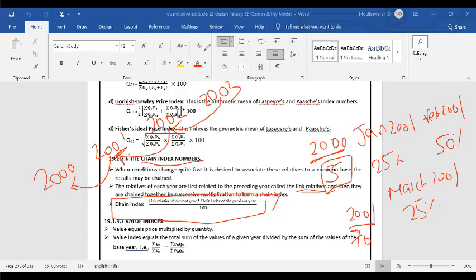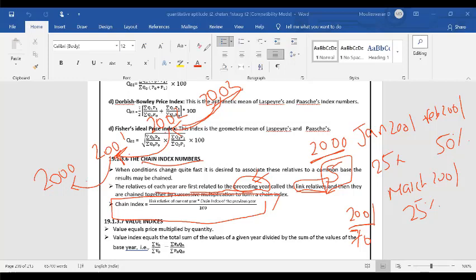Compared to 2000, how much did it increase? For 2002, compared to 2001, how much did it increase? In 2003, compared to 2002, how much did it increase or decrease? This is what they call link relatives. The relative of each year is first related to the preceding year, meaning the year before.